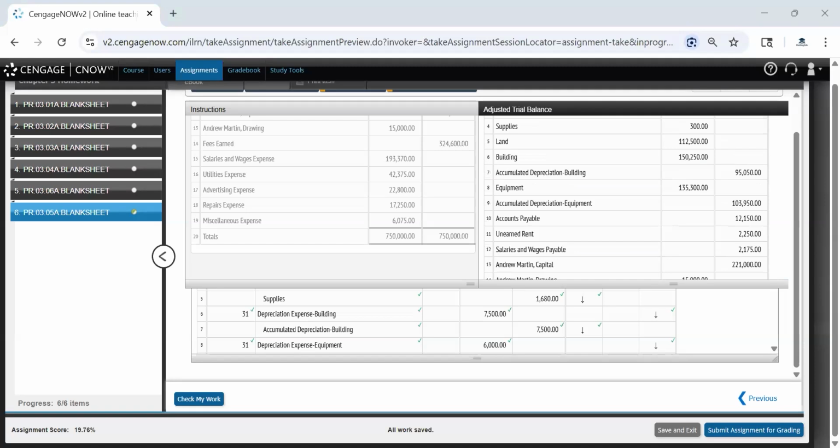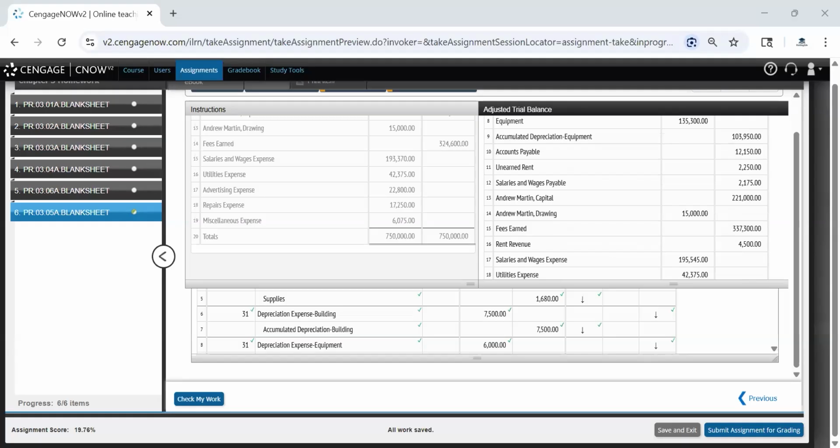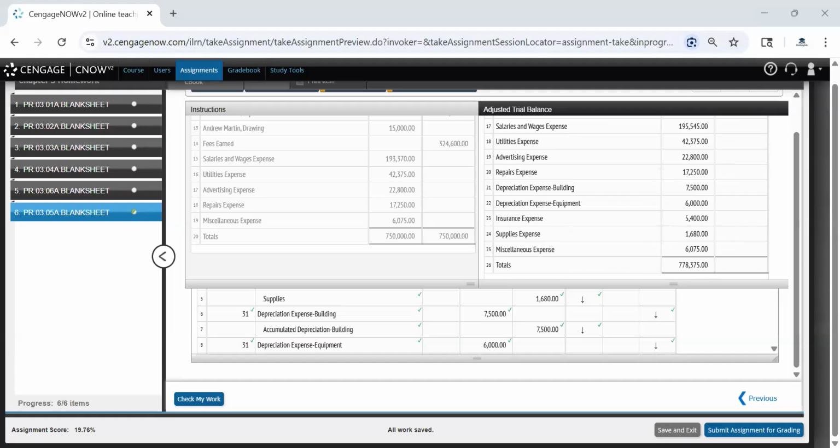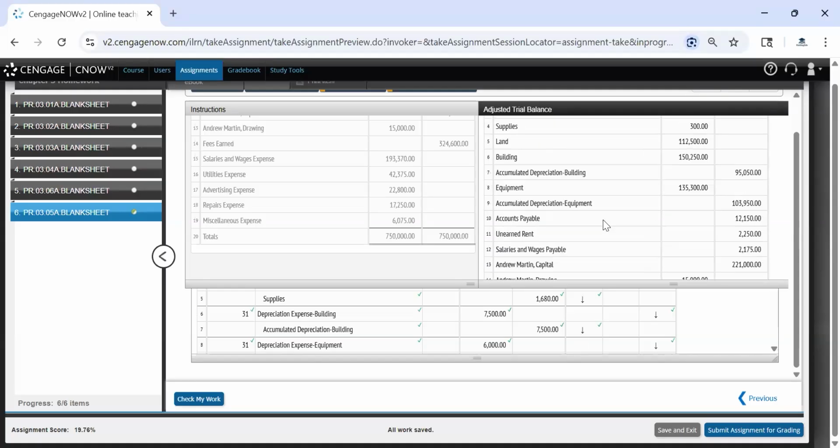And if we add up all the other side, all of our credits, that would be 95,050, 103,950, 12,150, 2,250, 2,175, 221,000, 337,300, and 4,500. And the total there matches. That's also 778,375.